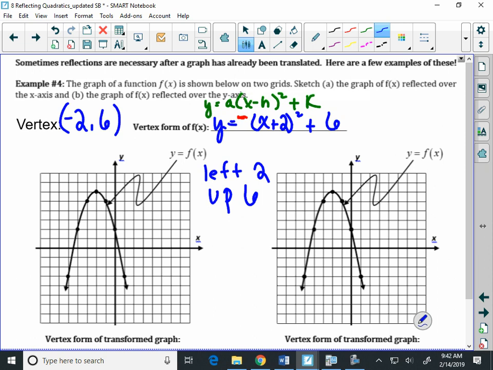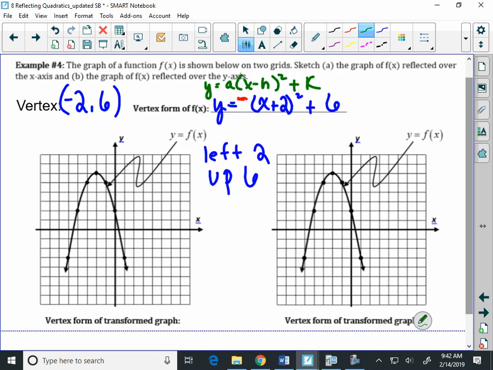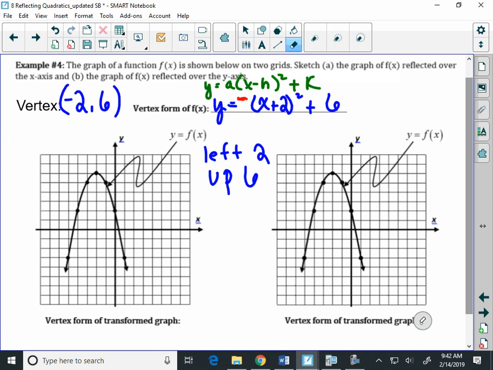But what we're doing with these problems now is we're given this graph, and we want to draw a picture where we're reflected, ooh, got to spell it right, reflected over the x-axis.